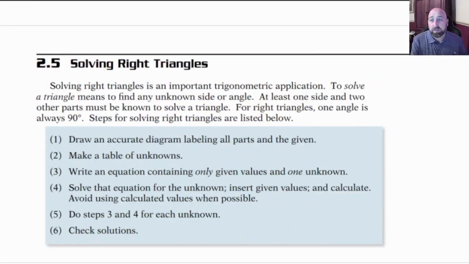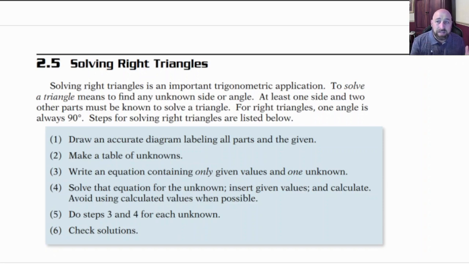Let's go ahead and look over here at the book, and we'll take a look at some different steps, if you will, to solve a right triangle. Step number 1. Draw an accurate diagram labeling all parts and the given. This is key, and if you had a geometry teacher that really knew what they were doing, then one of the things they told you in geometry class is draw the triangle.